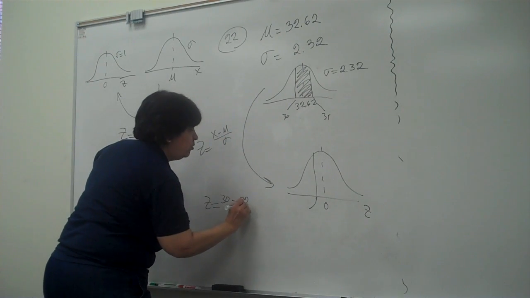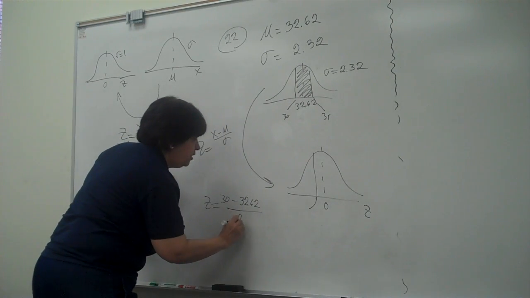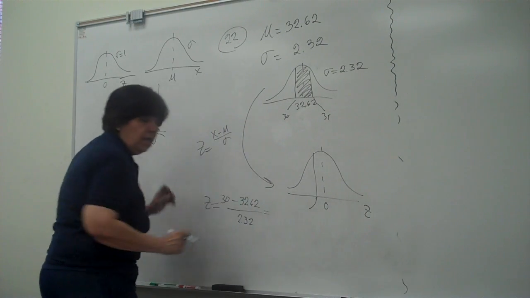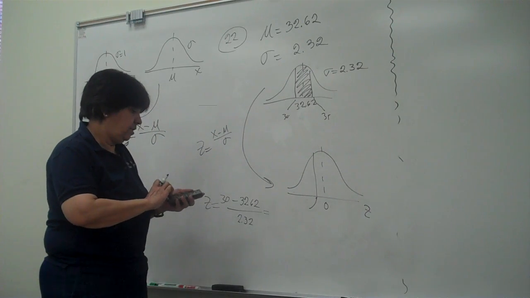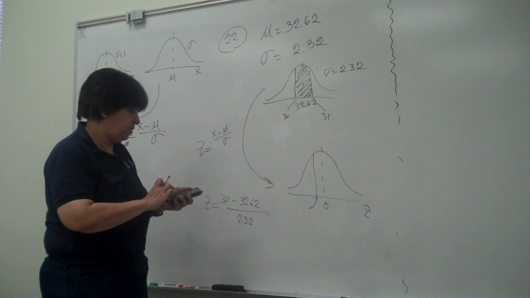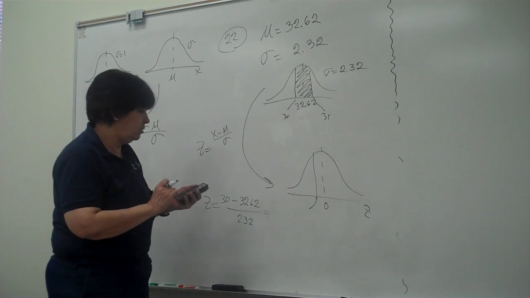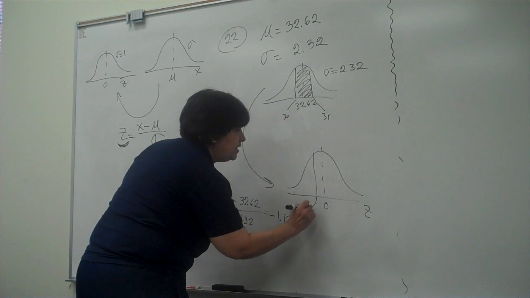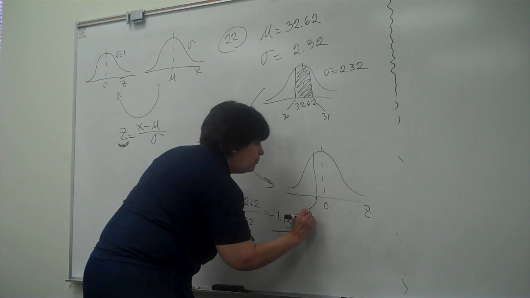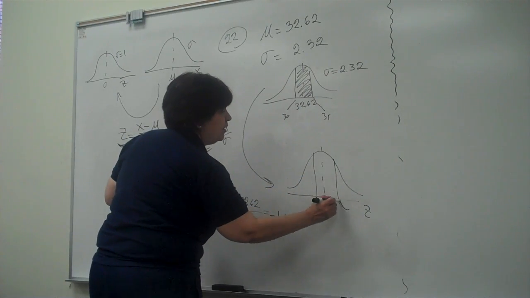Minus 32.62 divided by sigma 2.32. And that is equal to 30 minus 32.62 divided by 2.32. This is a negative 1.13. This is negative 1.13.